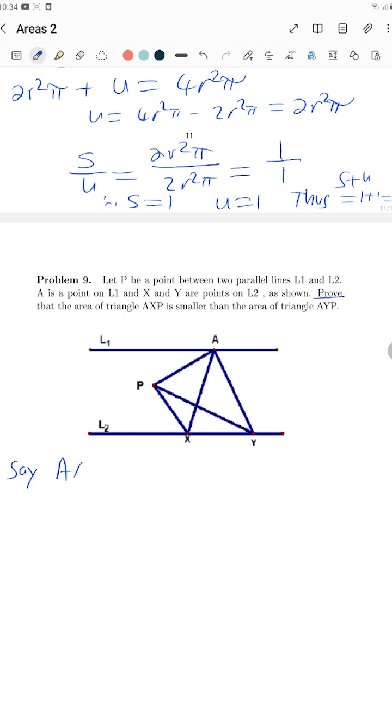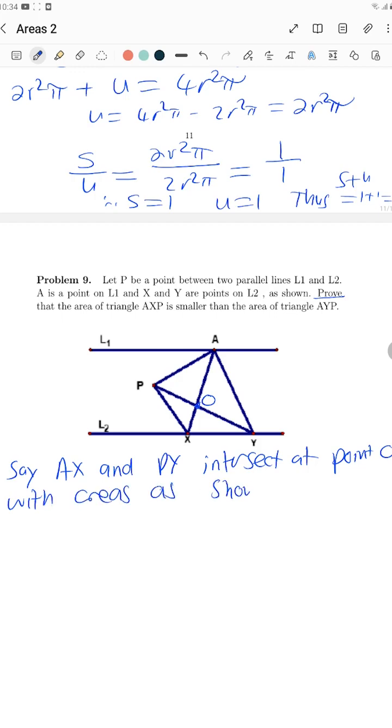say AX and BY intersect at point O with areas as shown.